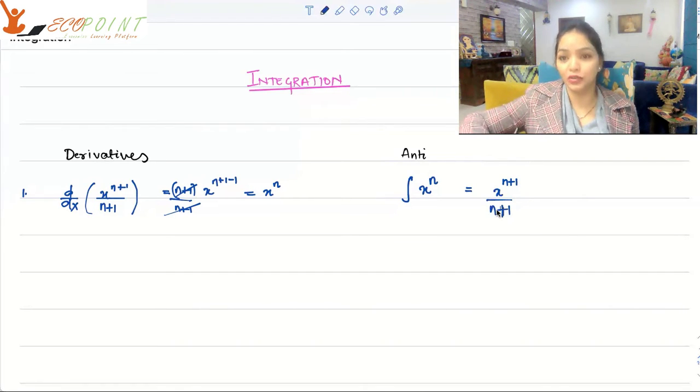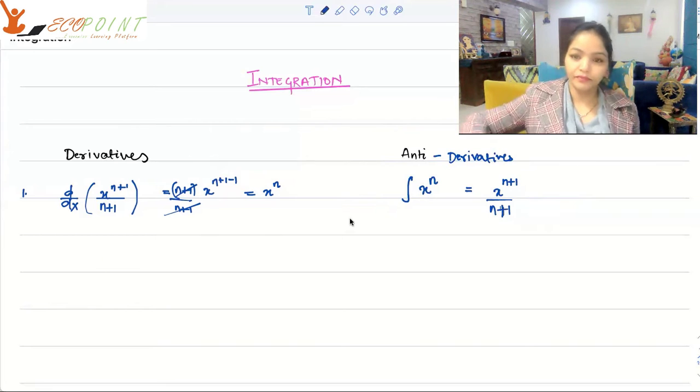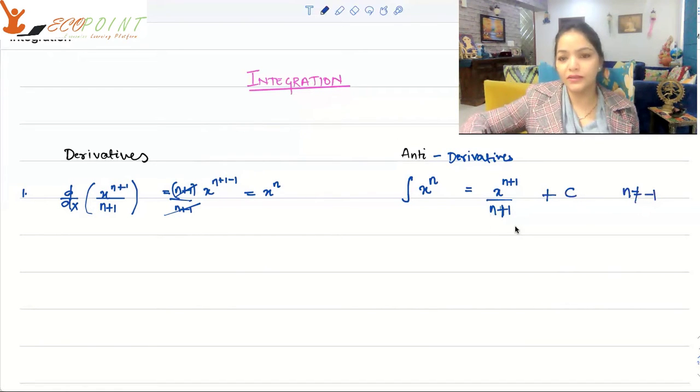That's the relation between integration and differentiation, derivatives and antiderivatives. Antiderivatives are integrals. And there would be plus c attached to it. I'll talk about what c is.